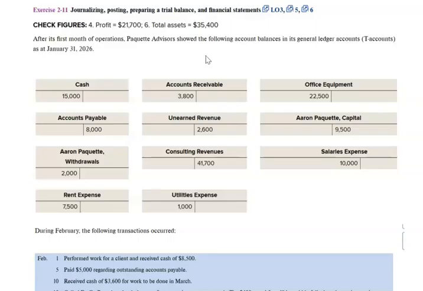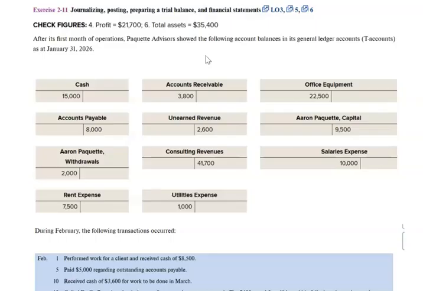Okay. And then when you have everything posted into your T accounts after, make sure you include that opening balance into your total, okay? Because it's always a running total. Think of the cash account. That's probably the best one for you to relate to. Your bank account or your cash account doesn't go to zero at the end of every month.